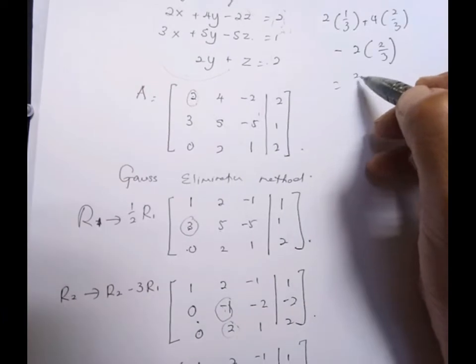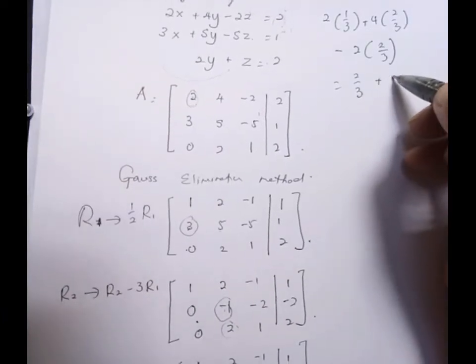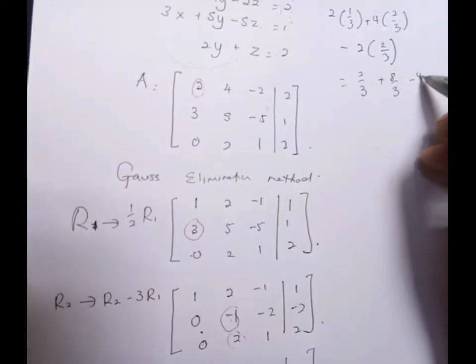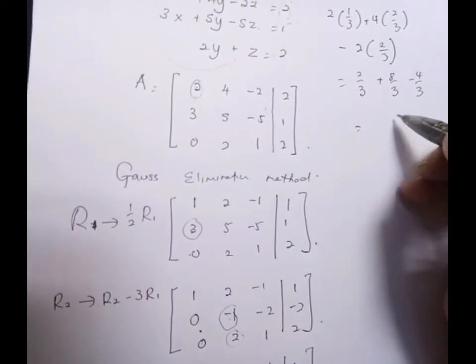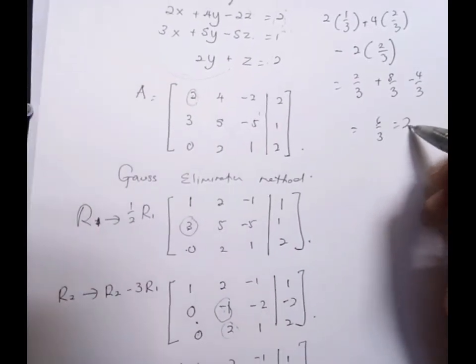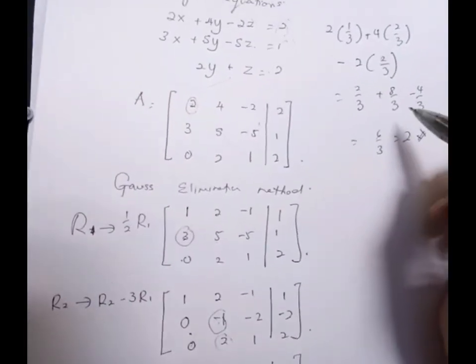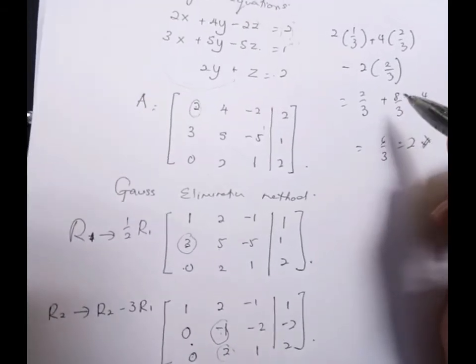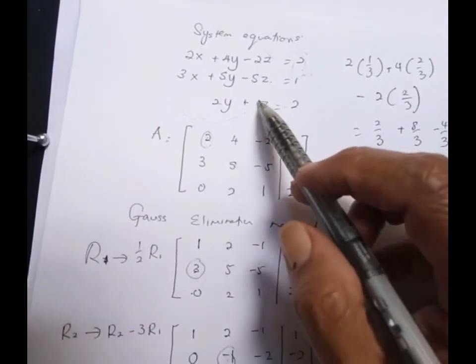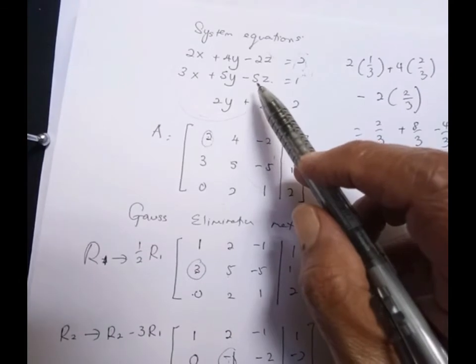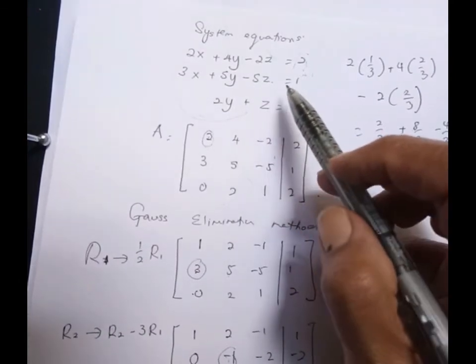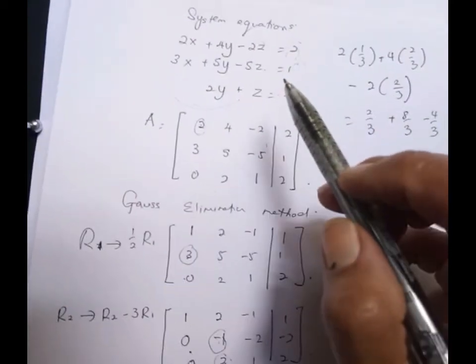So the answer is 2 over 3 plus 8 over 3 minus 4 over 3, which is 6 over 3, equal 2. So it's correct. This is how you check your answer of X, Y, Z by substituting in any of the equations, and make sure that your answer on the left and the right are the same. Done.